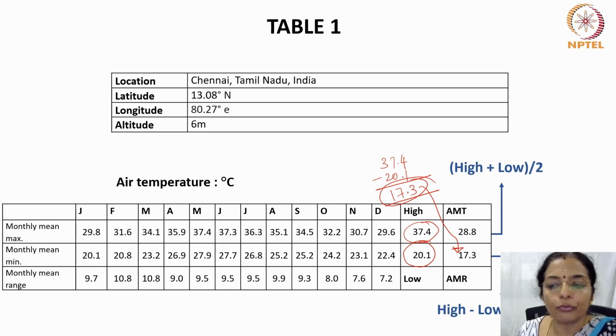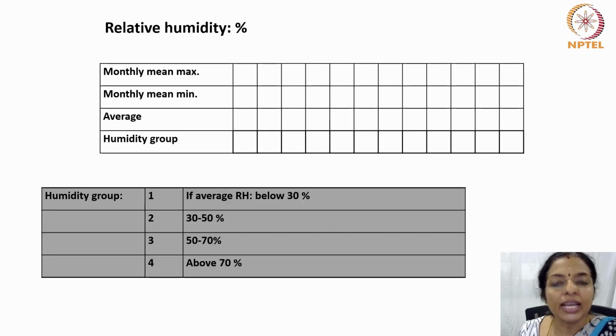Hope you all are following with me. Then we have to enter the relative humidity. Now the first step is you have to input the monthly mean maximum relative humidity and monthly mean minimum relative humidity as given in the weather data. Now in majority of the cases, only the average relative humidity values are available, and this can be used directly. So fill in the humidity group according to the categories given below. So how will it look?